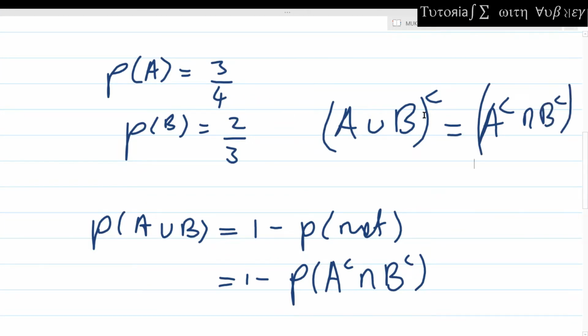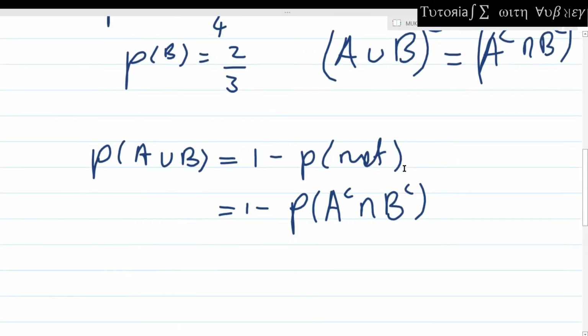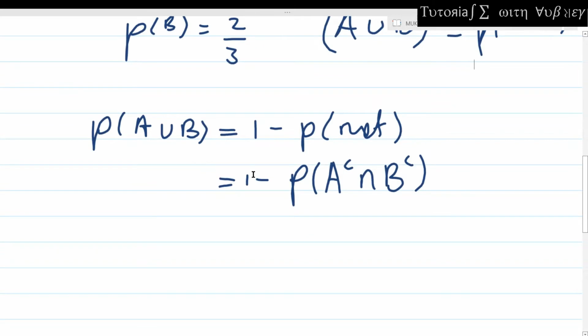Hope you get that understanding. The chances of not being hit by both of the members, A union B, is this right here, A complement intersection B complement.